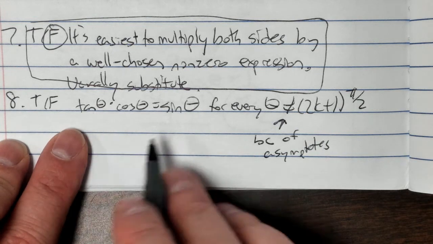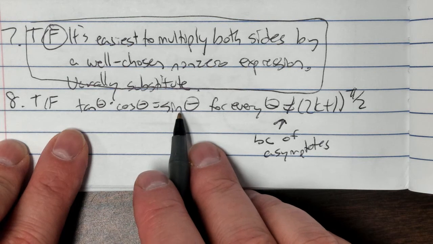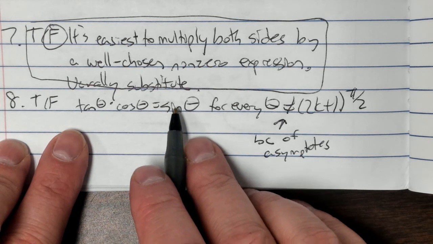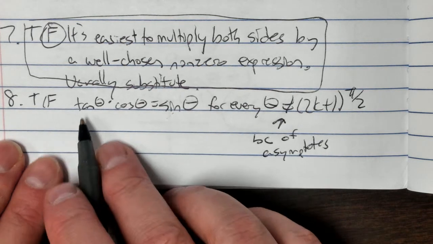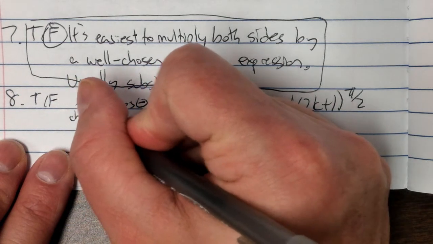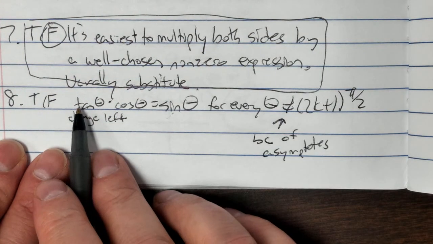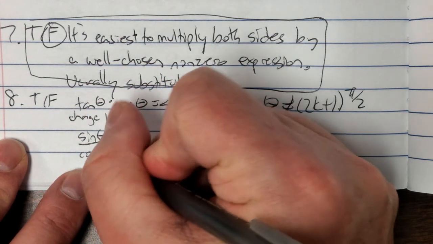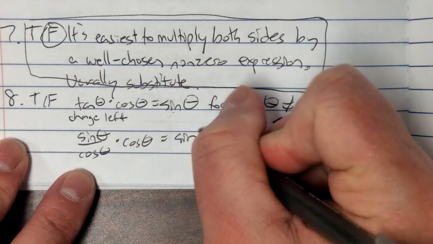So what we want to do is keep our right side the same, so we have sine, because the only thing you could do with sine is change it to 1 over cosecant, which isn't really going to help us in this case. So what we need to do is change the left side only. And so tangent would be sine over cosine times cosine equals sine.